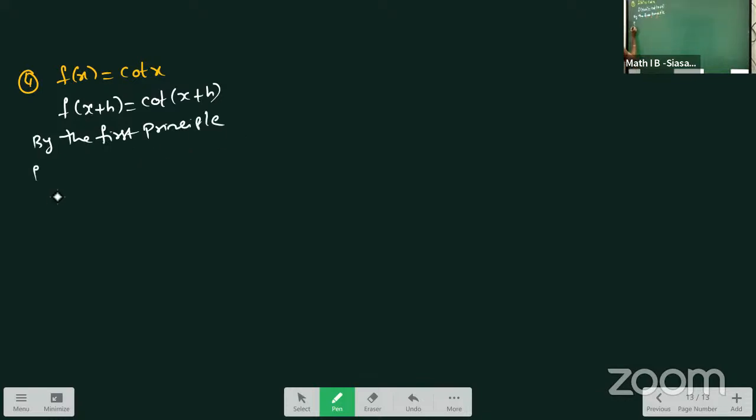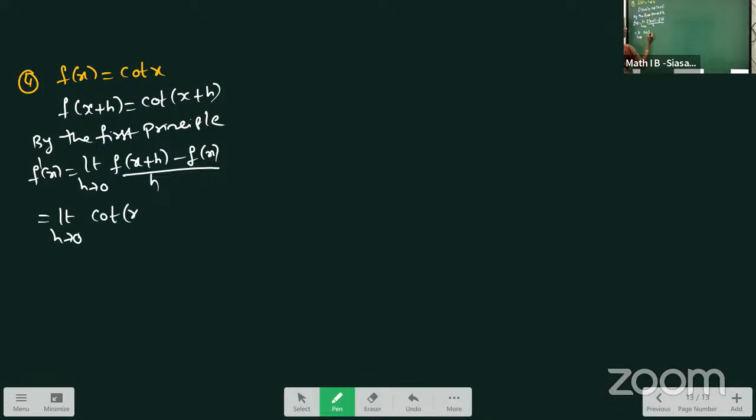By the first principle, f dash x is equal to limit h tends to 0, f of x plus h minus f of x by h. So substitute: limit h tends to 0, cot of x plus h minus cot x by h.